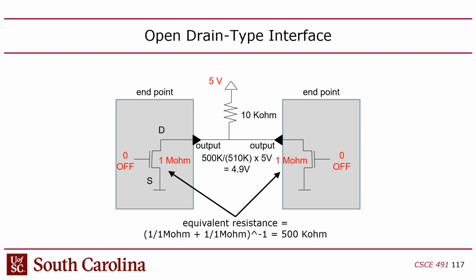But that's not a big deal, because when these NMOSs are off, the equivalent resistance is really high. It's like a mega ohm, right? So what ends up happening is, if this guy is off, it ends up creating a voltage divider. You guys remember voltage divider? You covered that in circuits.